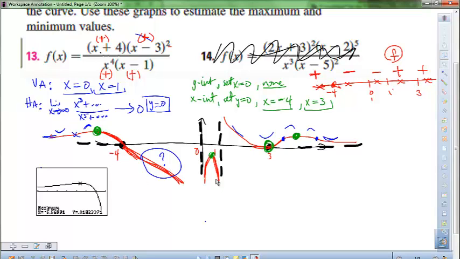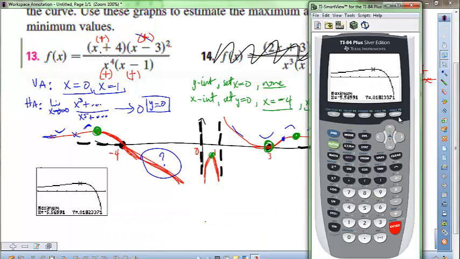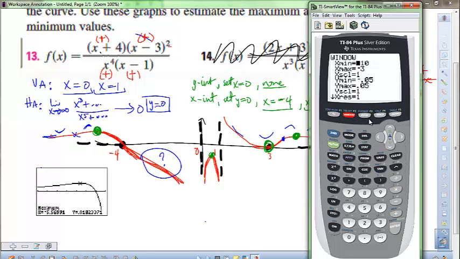Now, what happens down here is probably, the graph is probably just going to go down. So let's take a look at what happens after -4. What if we graph our window from, instead of going from all the way from -10, let's start from -4 to 0, and let's go negative here, -10 to, let's just go to 1.